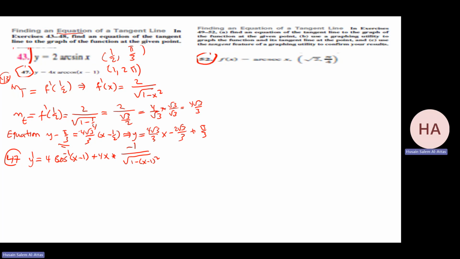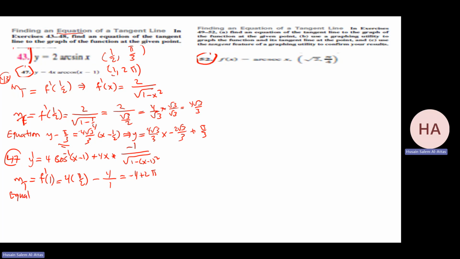Okay. M tangent is f prime at 1. And that is what? 4 times cosine inverse of 0, which is pi over 2. So it will be 4 times pi over 2 minus 4 over 1. So it's minus 4 plus 2 pi.